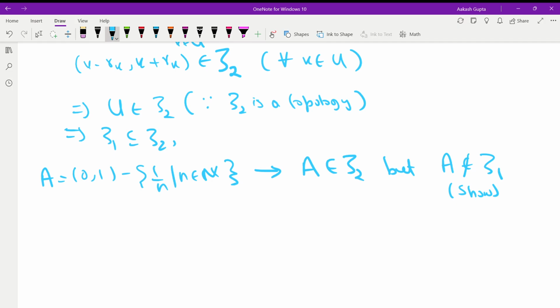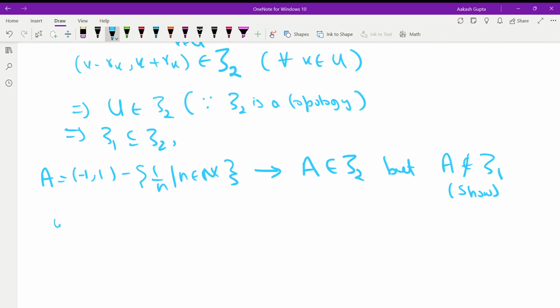This set is actually removing 1 upon n. I think I should produce some different kind of example. But this should work according to me. But just a moment. Let us have it like this, say minus 1 to 1. Okay? Yeah, this is a good one.